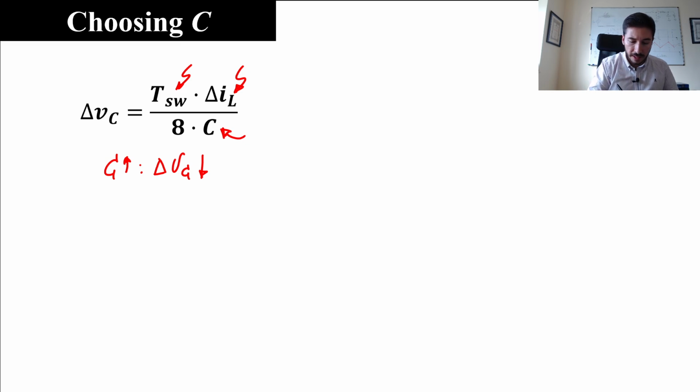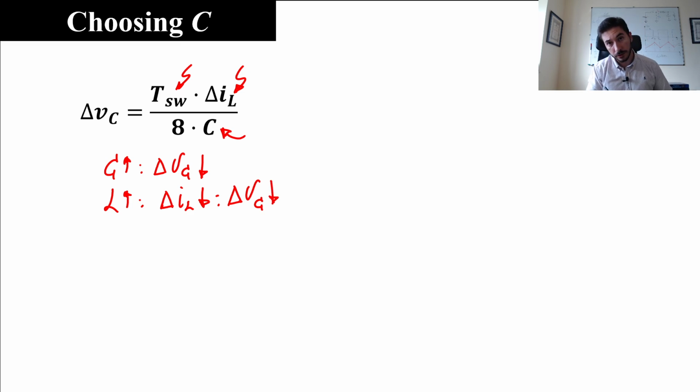What happens if we increase the inductance? If we increase the inductance, what we know from the previous video is that the inductor current ripple falls. So as a result, the output voltage ripple falls. For instance, let's consider the impact of the switching frequency. What happens if we increase the switching frequency?